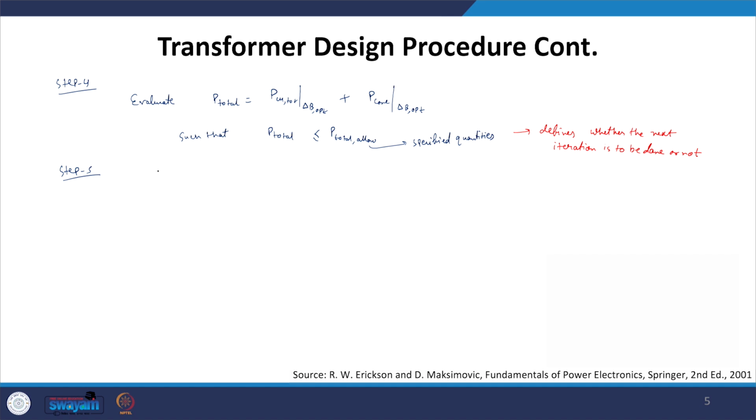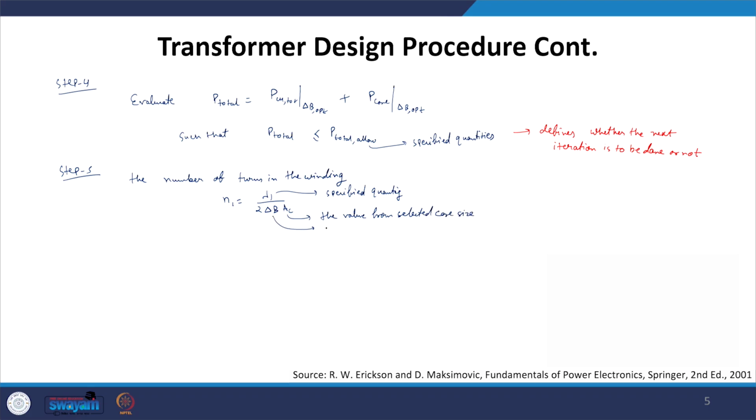We can define the number of turns in the winding. Now, how can we obtain the number of turns? For the first winding, we know from our discussions in the previous classes that N1 is nothing but lambda 1 by 2 delta B AC, and here this value is the specified quantity, that means depending upon the operation of the circuit in which this transformer is being used. This is the value from the selected core, from the selected core size.